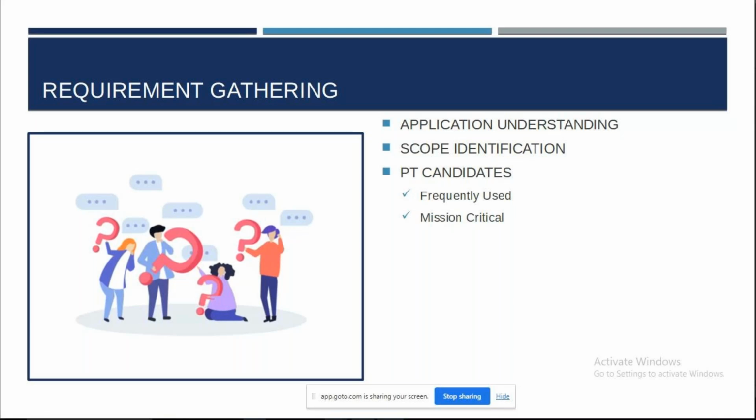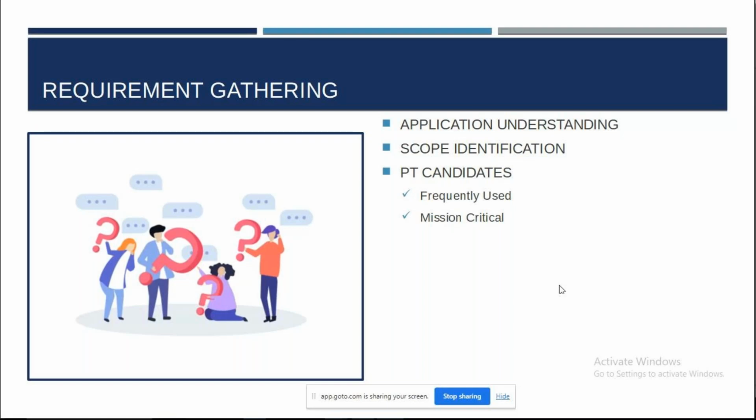Interview question, guys. How will you identify which scenarios will be in scope of your performance testing?